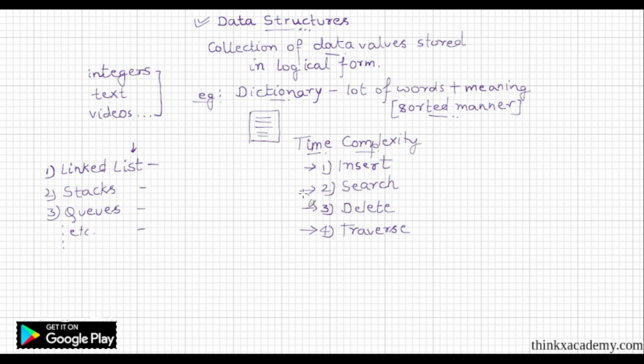Similarly, we also have binary trees and a lot of other data structures. The reason behind having these data structures is because they perform these operations in different times, or you can say they have different time complexities.